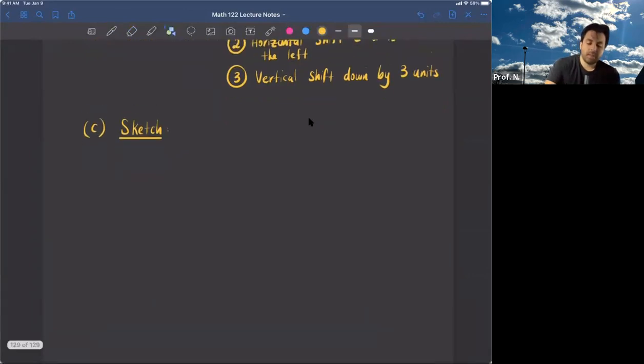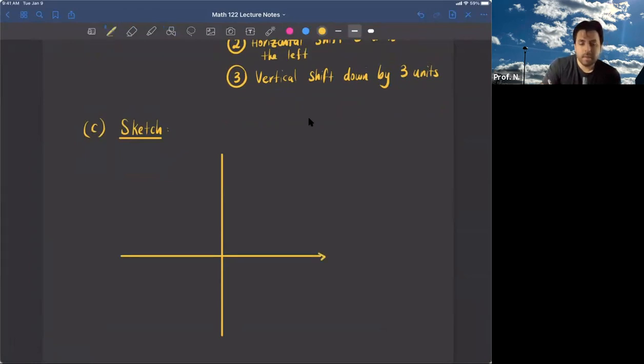So when I sketch this, what is the difference between absolute value of x and, so what is the difference between this versus this?